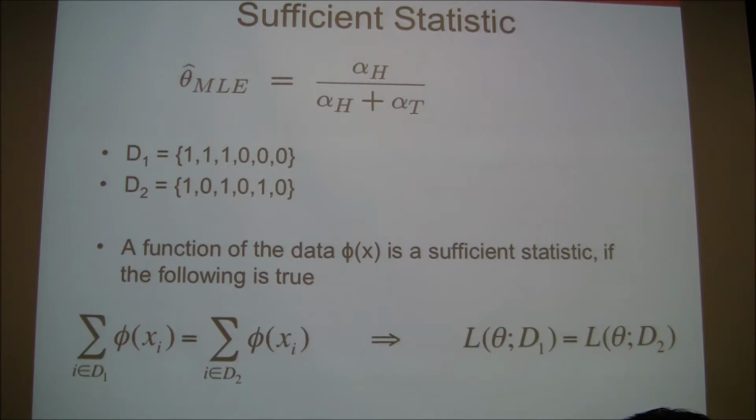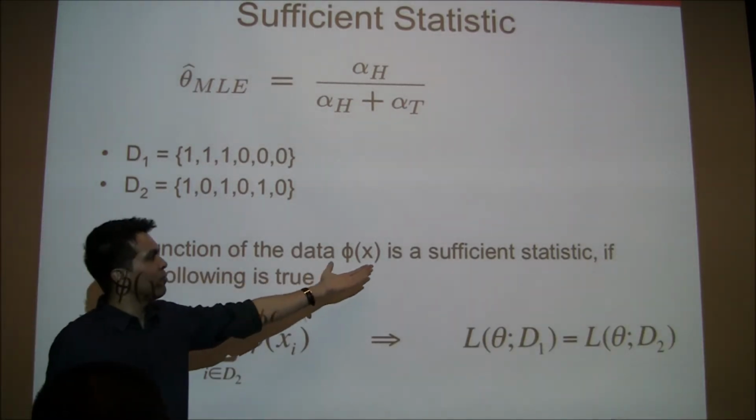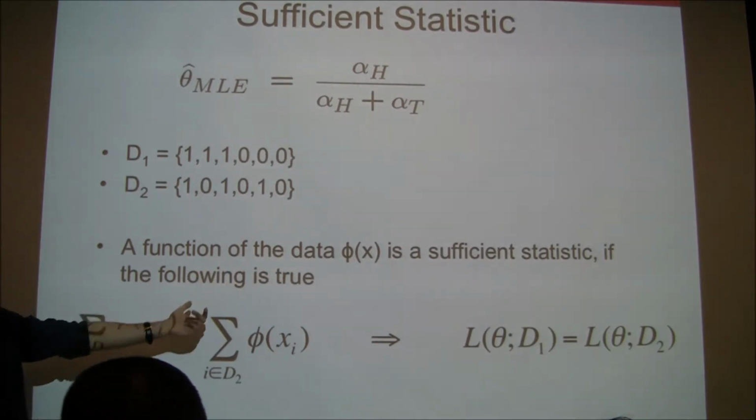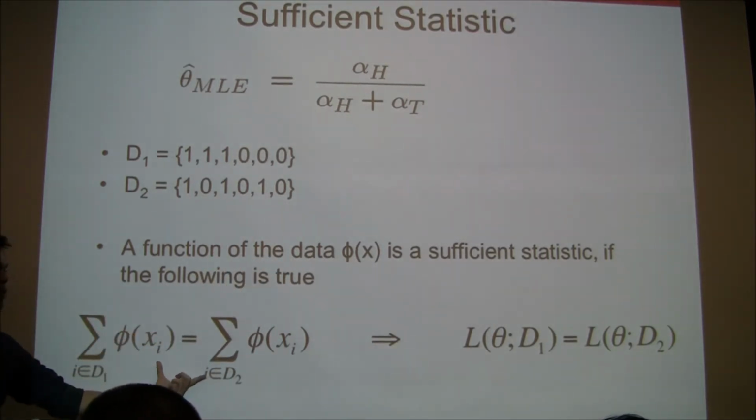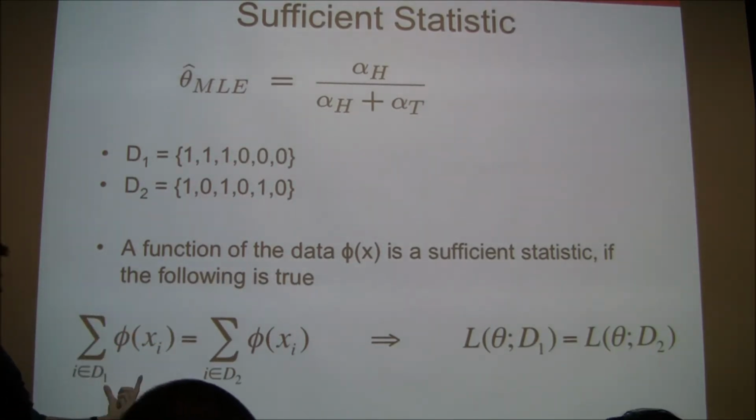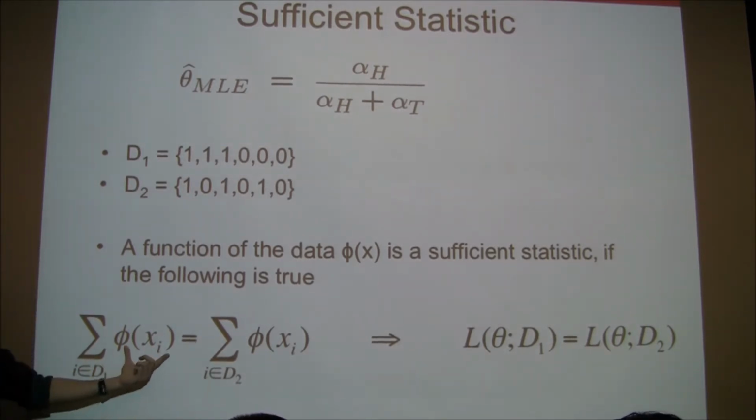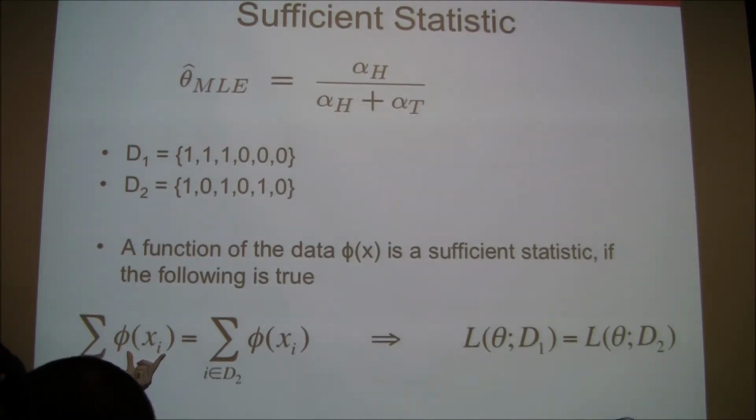We're going to use this as a definition: a function of the data, phi of x, will be called a sufficient statistic if whenever the sum of the sufficient statistic is identical between two data sets, the likelihoods are identical. In this case, the sufficient statistic can be: is xi equals 1?